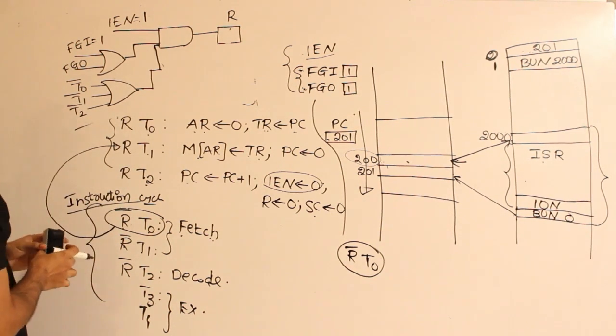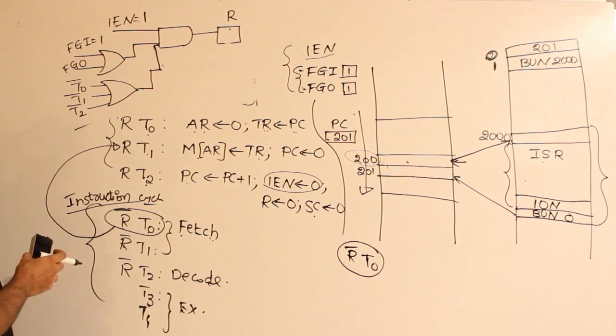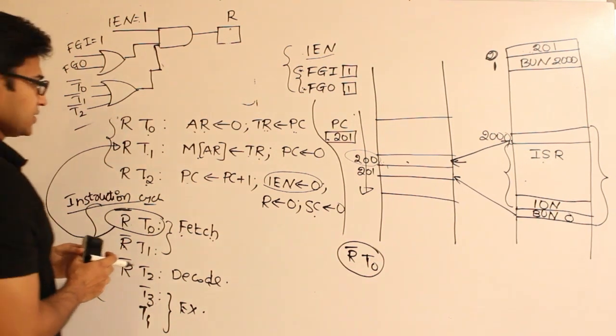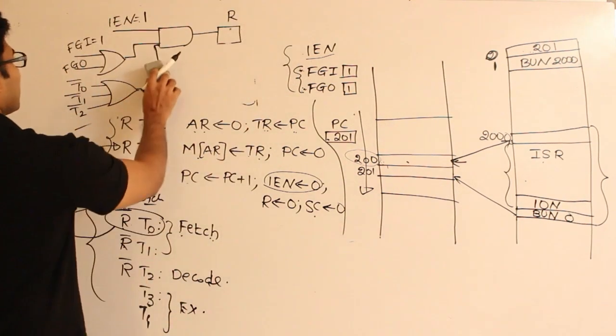Are you getting this? In case it is T1, this one is going to be 0, right? So is it right? How should I write it? See, what I wanted to do is, I want to give the input like this.